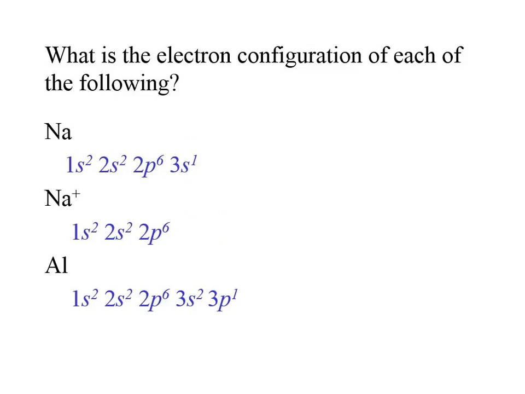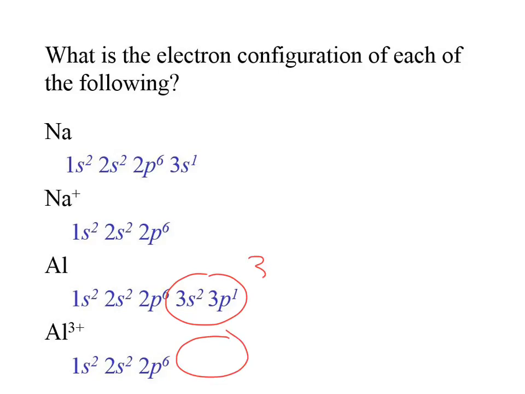Aluminum's 3A. If we compare the atom with the ion, what's different is those 3 electrons right there. 1, 2, 3. They're not there. Okay, so when I said a little bit ago that with the ion, the valence shell is N-1, can you see where the valence shell is here?